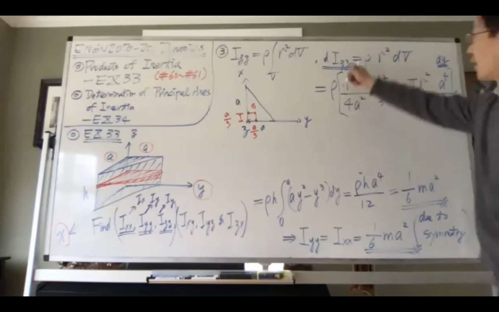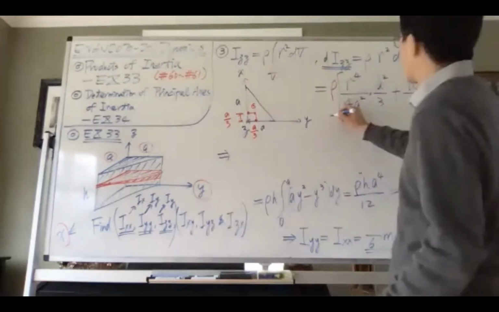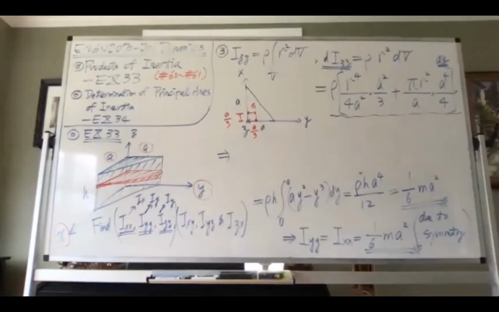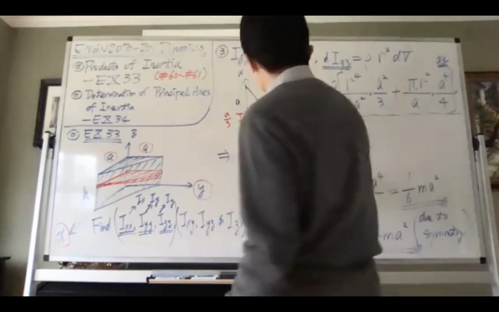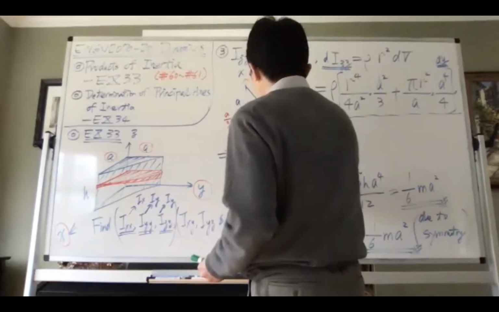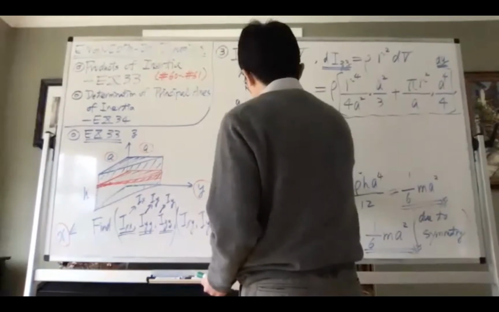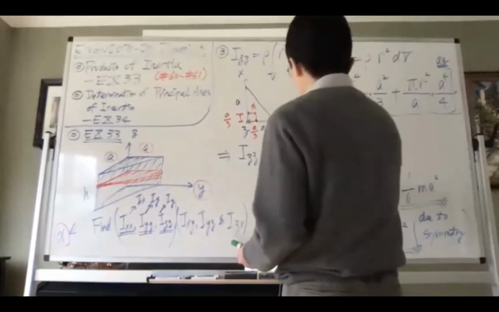So to get the value of Izz, what we're going to do is just integrate this whole thing on the z-axis. And of course, we're going to integrate it from 0 to h, and this value Izz will eventually become this.